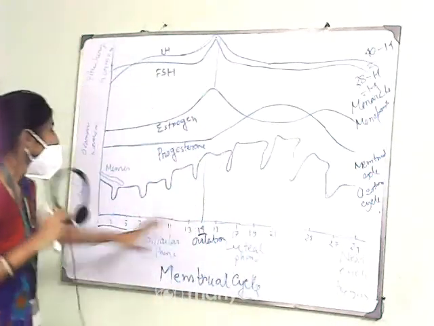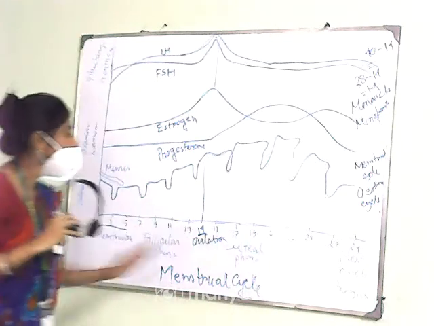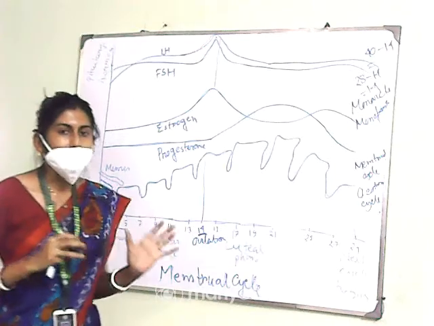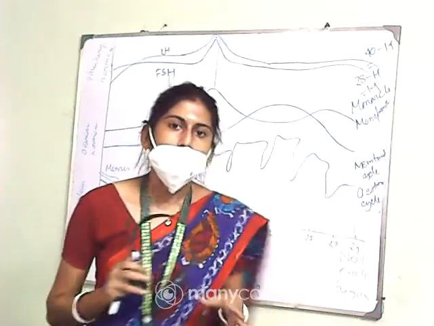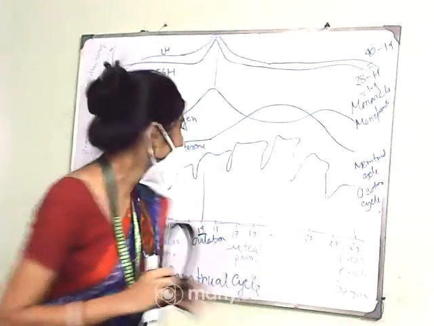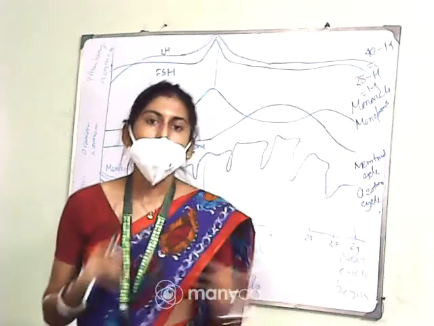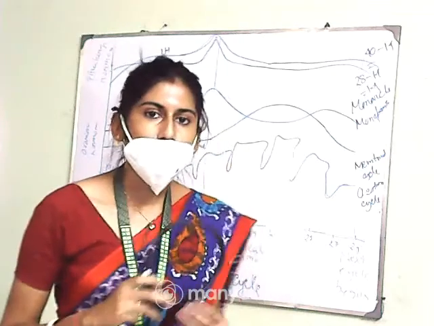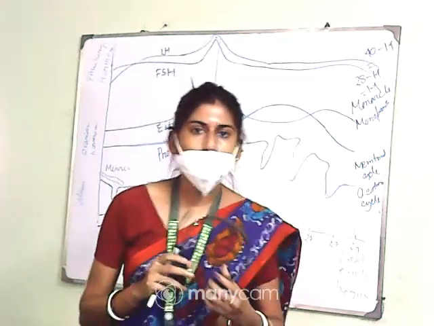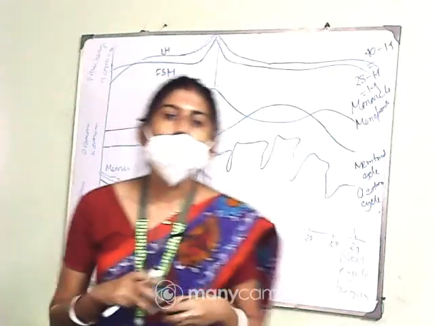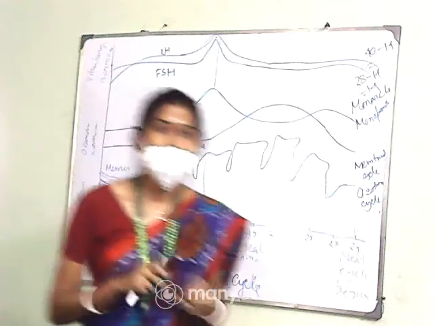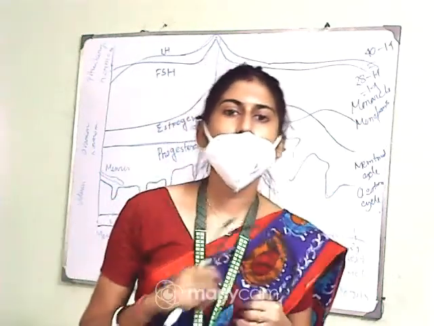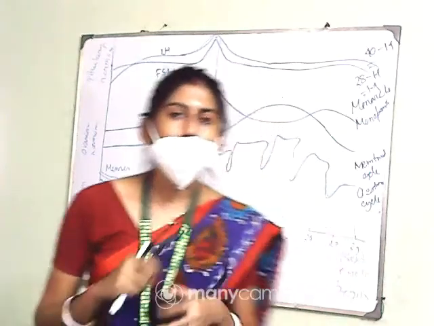So the ovulatory phase is followed by the next phase, that is the luteal phase. The duration of this phase is from the 15th day to the 28th or 29th day. That means the rest of the cycle is called the luteal phase. Why? Because after the release of the ovum from the Graafian follicle, the remaining part of the Graafian follicle will be converted into a structure called the corpus luteum, and this corpus luteum will act as an endocrine gland, and from the corpus luteum we will get different hormones which will play a role in maintaining the pregnancy.